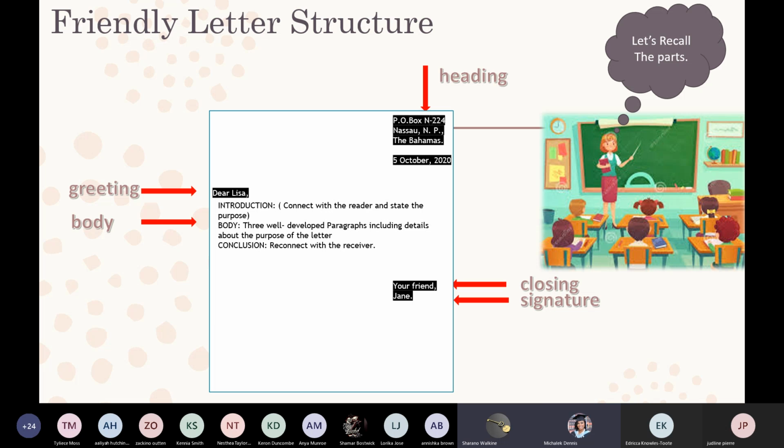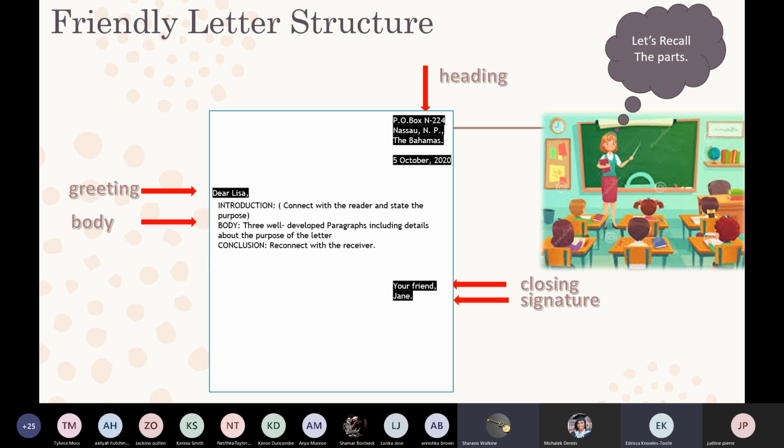Okay, awesome. Then we have Nassau, comma, NP, and then we have a full stop and a comma. What is NP, students? Come on, guys. What does NP stand for? You guys should be on this, like white on rice.